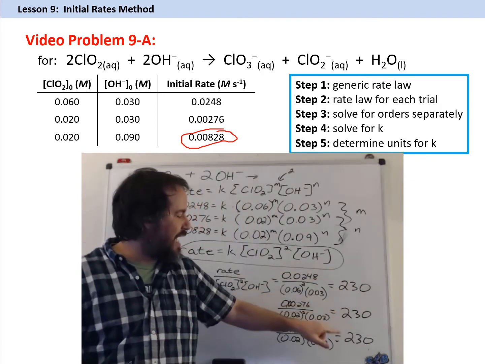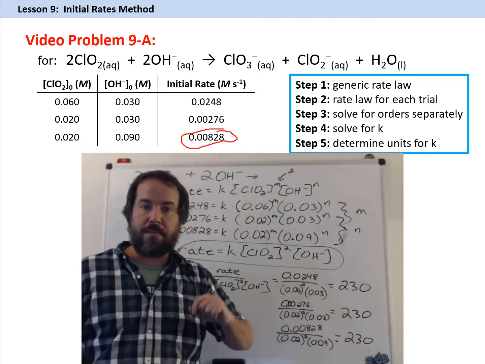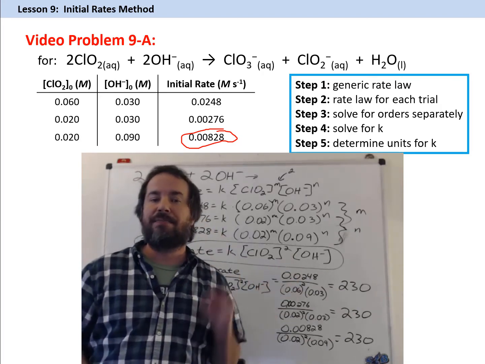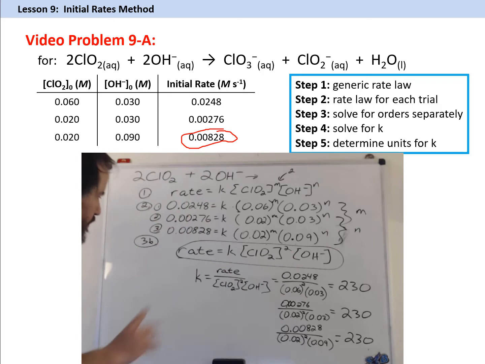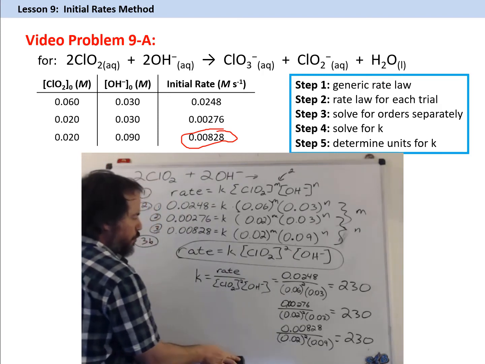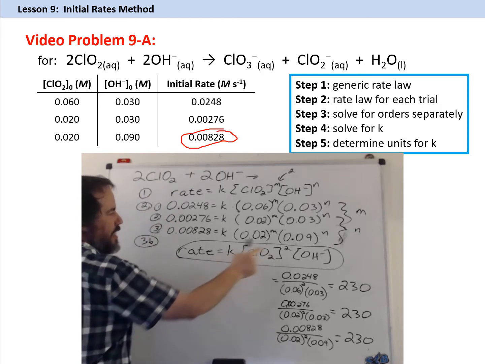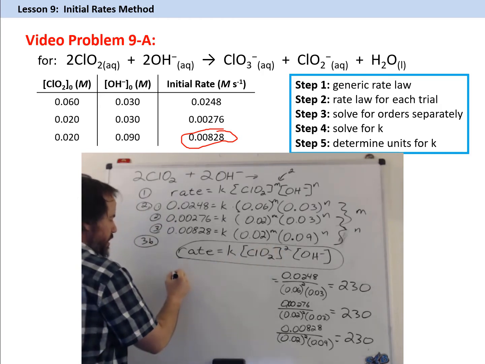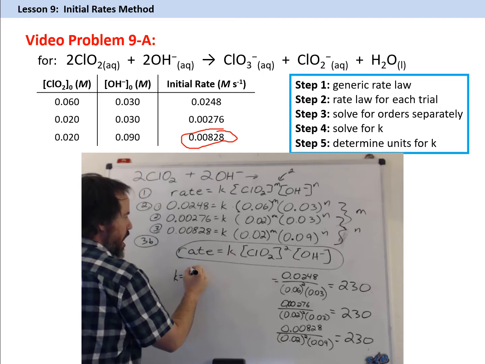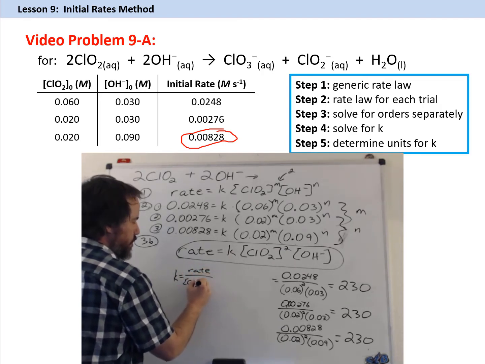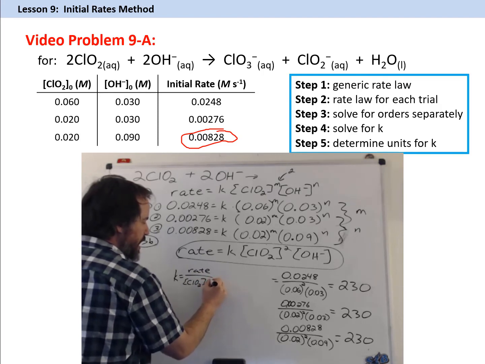So the fact that I get the same answer for both of them, or very, very close, means that I did it right. Let's just show what happened if I did it wrong. Let's say I said that this m was equal to 1. So I said k equals rate over ClO2 times OH minus.